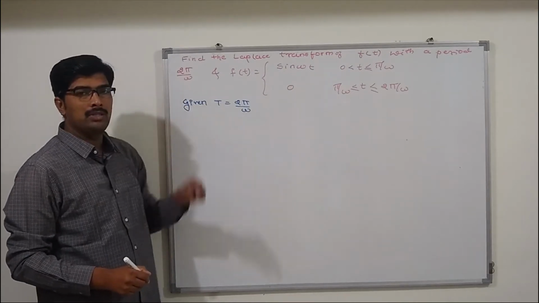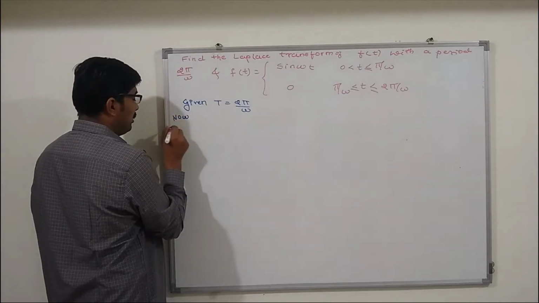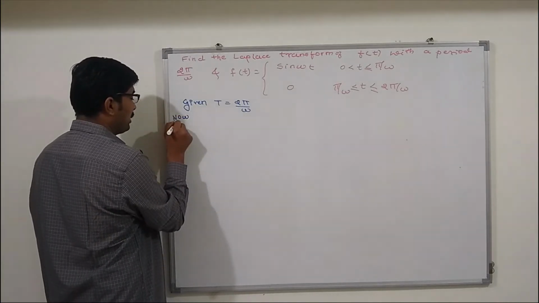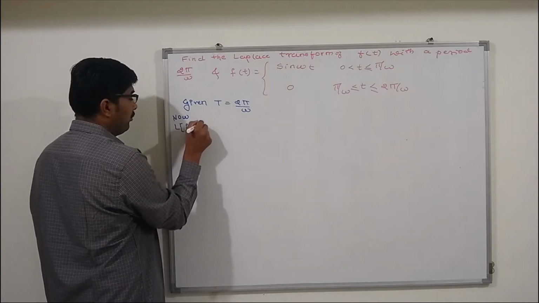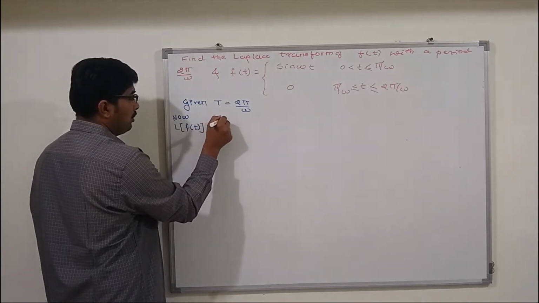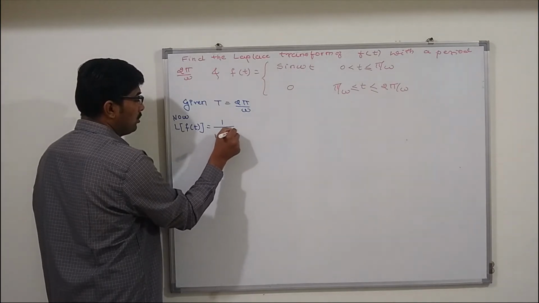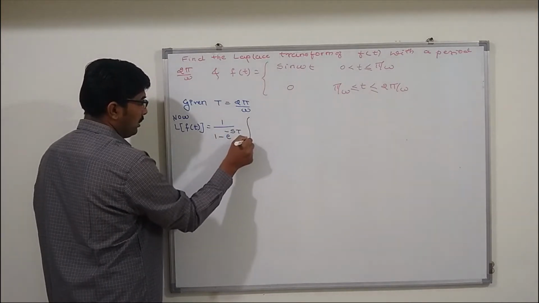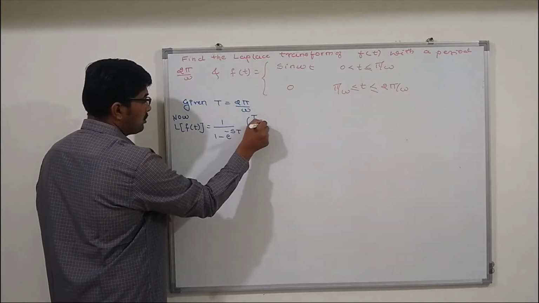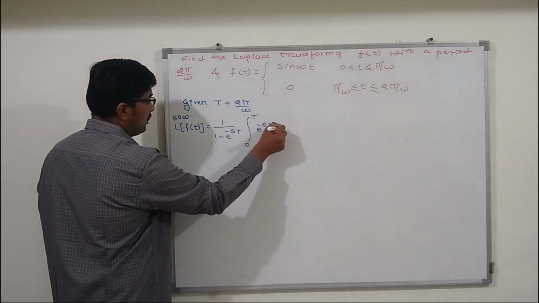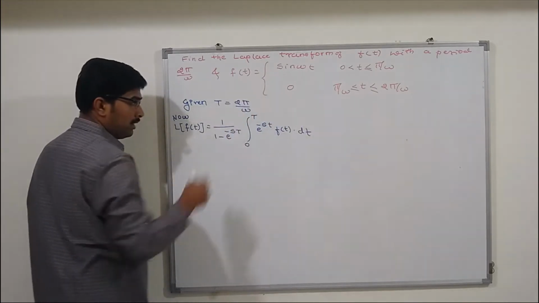Now by the definition of Laplace transform of a periodic function, L of f of t is equal to 1 divided by 1 minus e raised to minus sT, integration 0 to T, e raised to minus st f of t into dt.